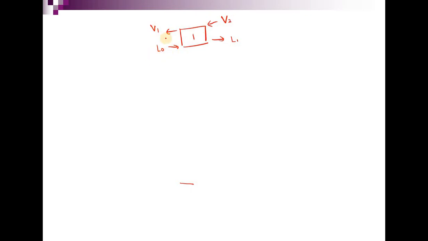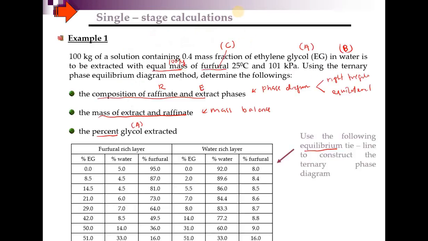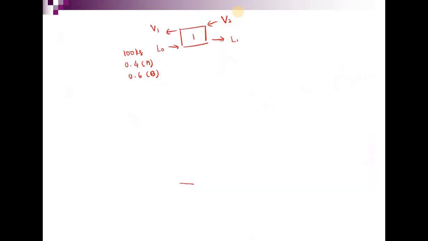L0 is the feed, containing 100 kg of mass, with 0.4 component A, which is ethylene glycol, and the water 0.6, which I put as component B. Next, it uses furfural as the solvent, so it is component C, and it has 100 kg also.